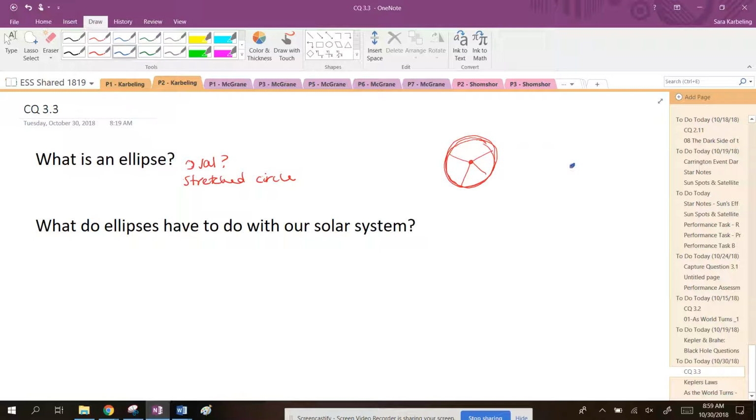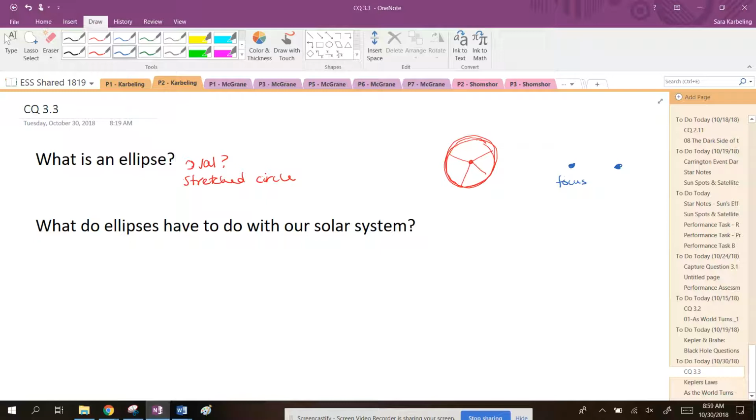So instead of calling them the center, do you remember, based on what you read, what those two dots are called? Starts with an F. The foci, right? They're each called a focus. So you've got two foci.